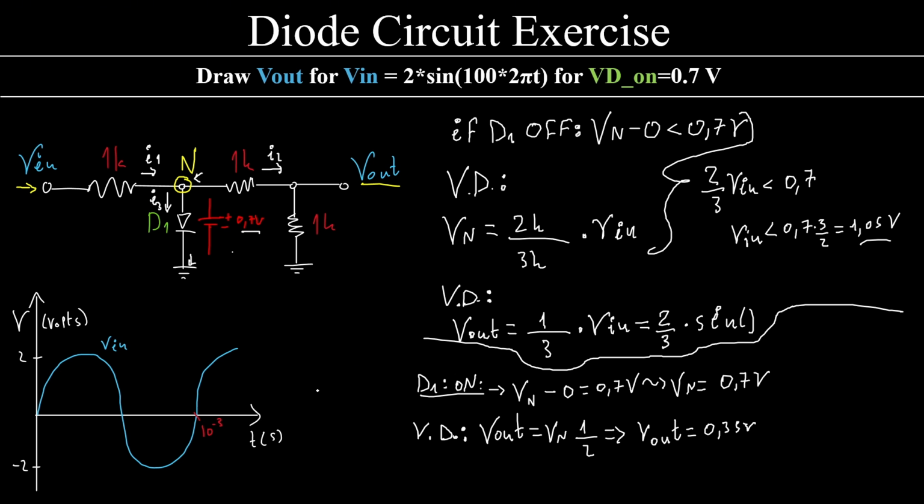Now we are ready to draw our output signal. I'll use this color, and let's see. Well, what are our key values? We have 1.05, let's say somewhere over here. From this point onwards, the diode will be on if the Vin is higher. That's fine. Now, how much is the height of V out, ideally?